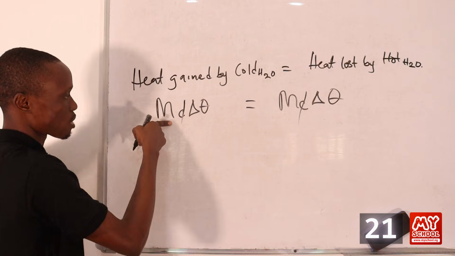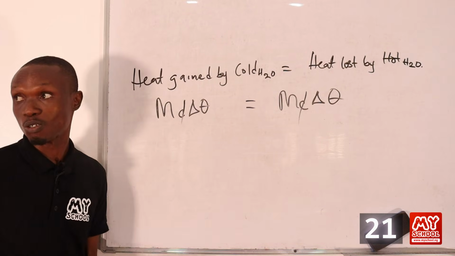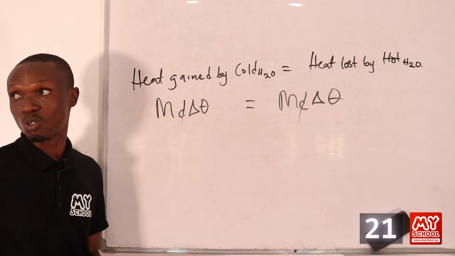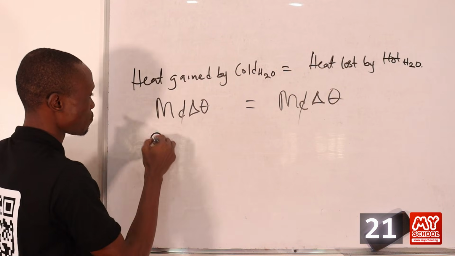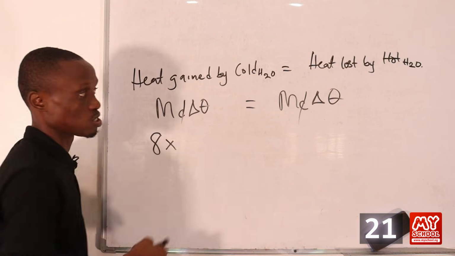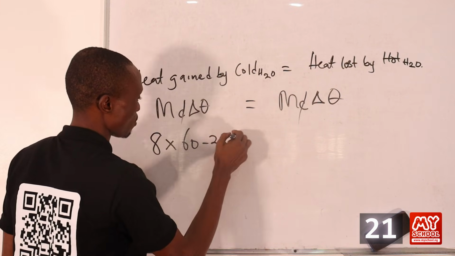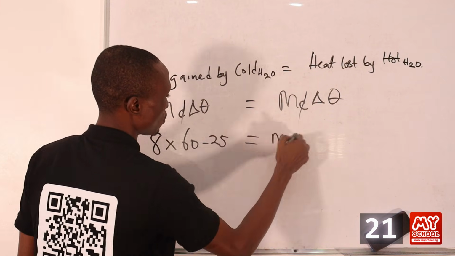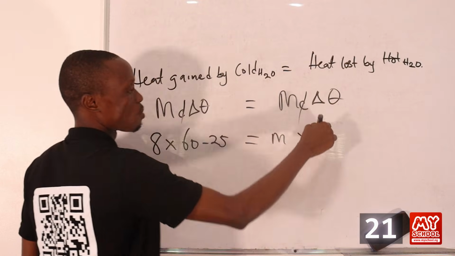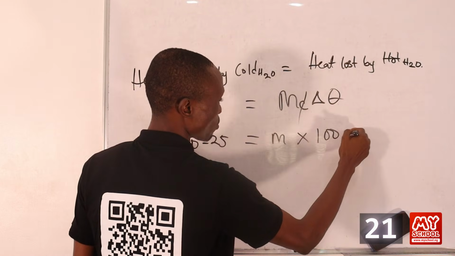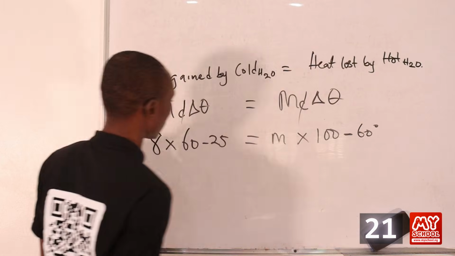So here we only have the mass of cold water, and the mass of cold water given to us in this question is 8 kg. So here we have 8 times the change in temperature, that is 60 minus 25, right? This will be equal to m times the change in temperature here, which will be 100 minus 60.